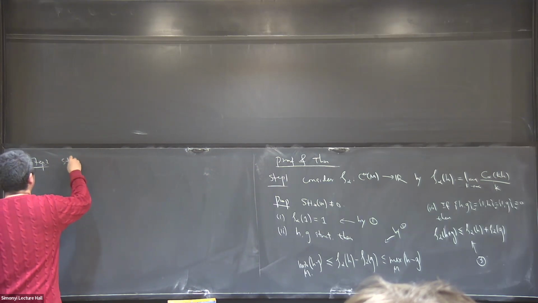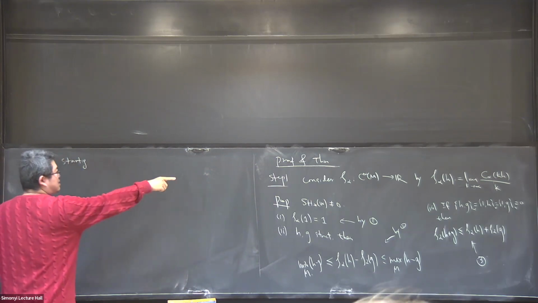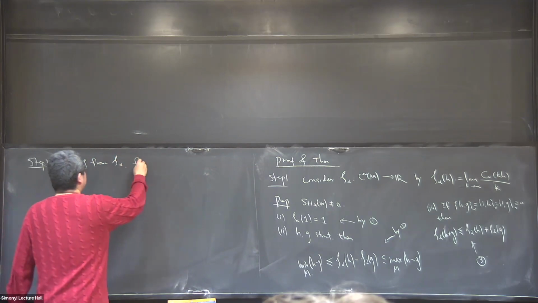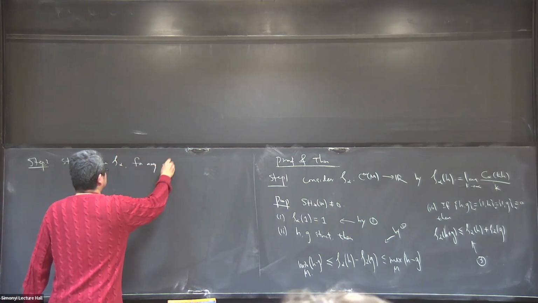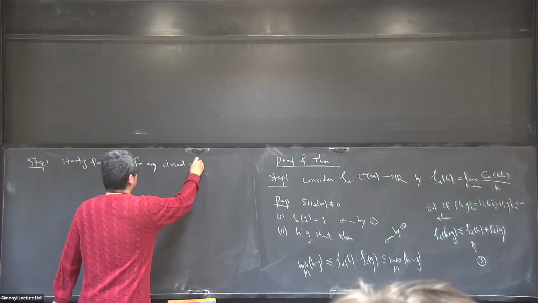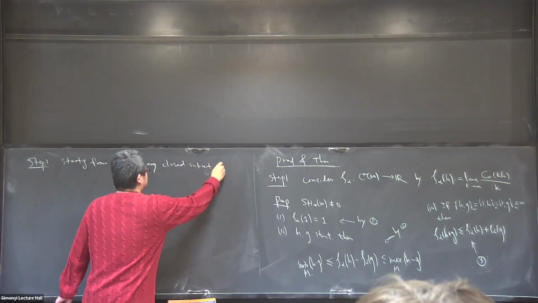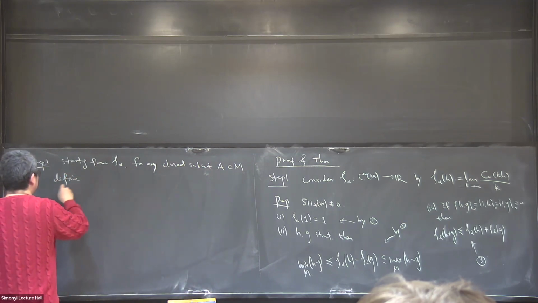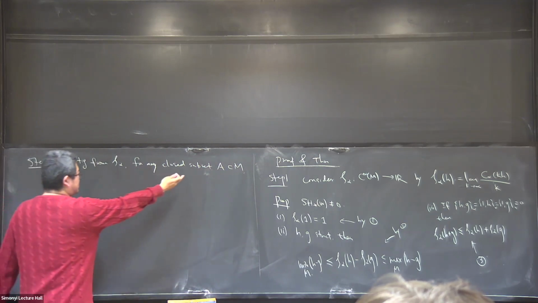So starting from this zeta alpha, for any closed subset A in M, let's define some measurement of how big this subset is.